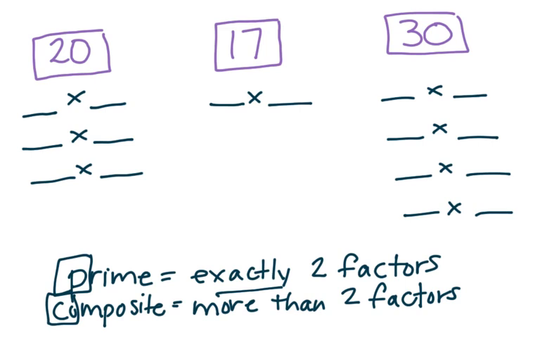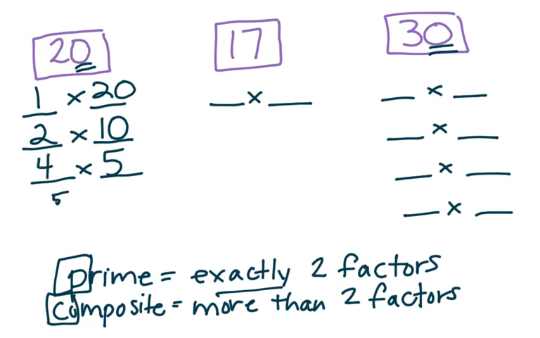All right, at this point in time, if your video is still on, you should have all of the factors written. So if we start with 20, I would always say 1 times itself. Anything times 2? Absolutely. Anything that ends in an even number, 2 will be a factor.